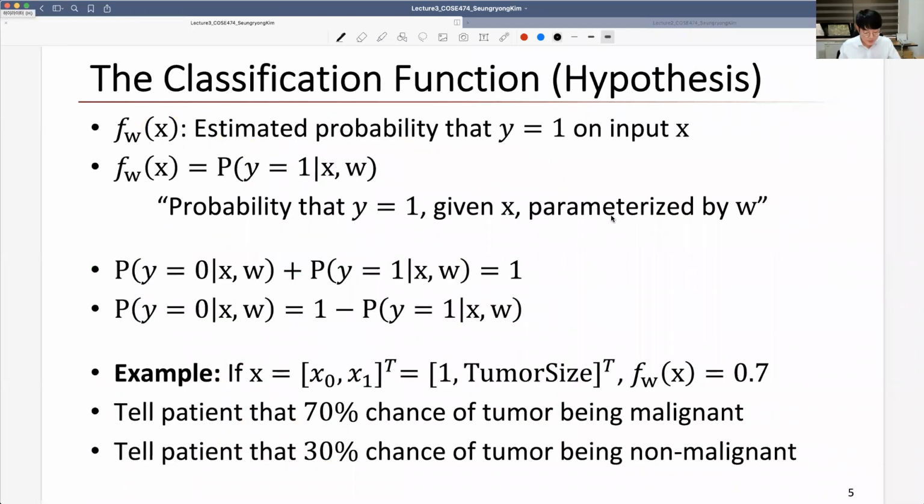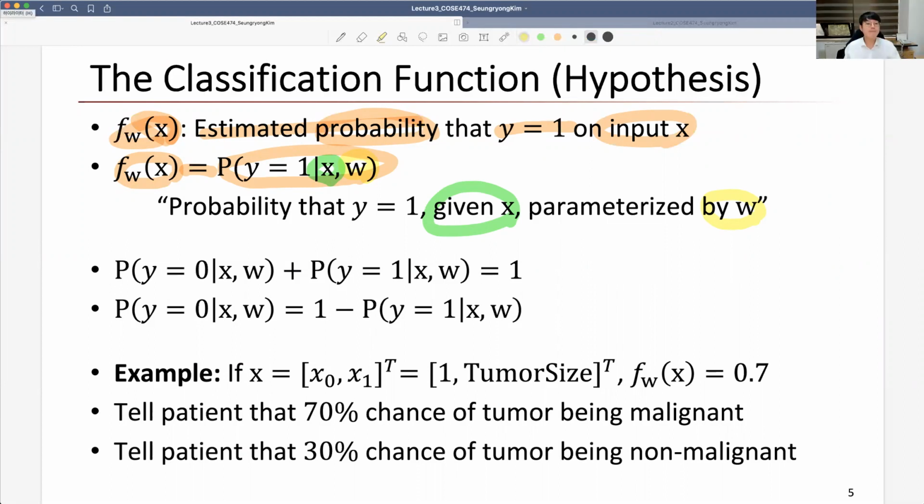Okay, so here we say that the output of this mapping function is the estimated probability that y is equal to 1 on input x. In other words, the output of the mapping function is going to be the probability of y equal to 1 given input x, parameterized by the model parameter w. So this is a probability, right?